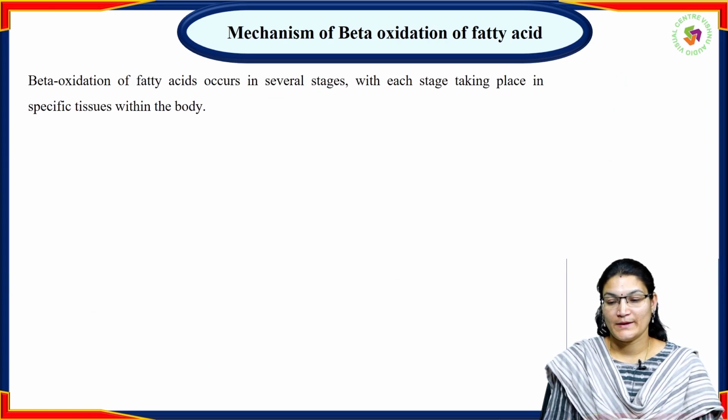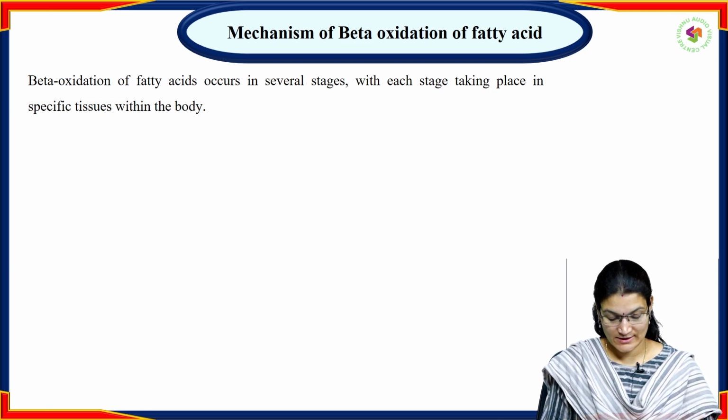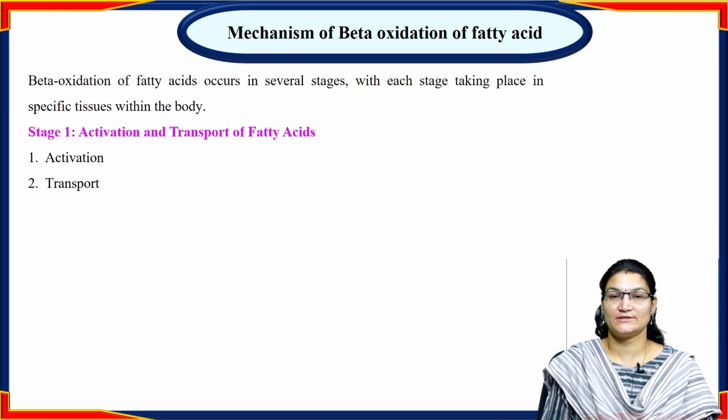The mechanism of beta oxidation of fatty acid. Beta oxidation has several stages. There are 3 important stages.